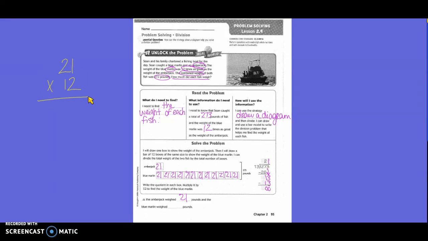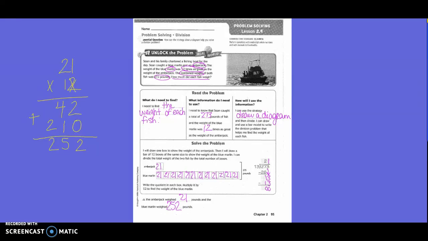So 2 times 1 is 2. 2 times 2 is 4. Mark off the 2. Put a 0. 1 times 1 is 1, 1 times 2 is 2. And then add. 2 plus 0 is 2, 4 plus 1 is 5. Bring down your 2. So the blue marlin weighed 252 pounds.